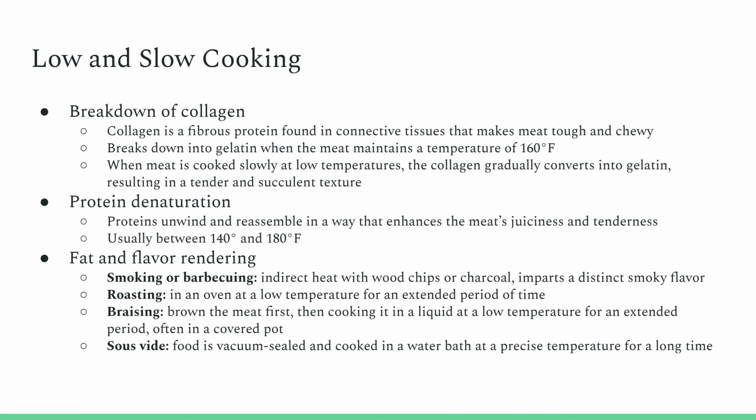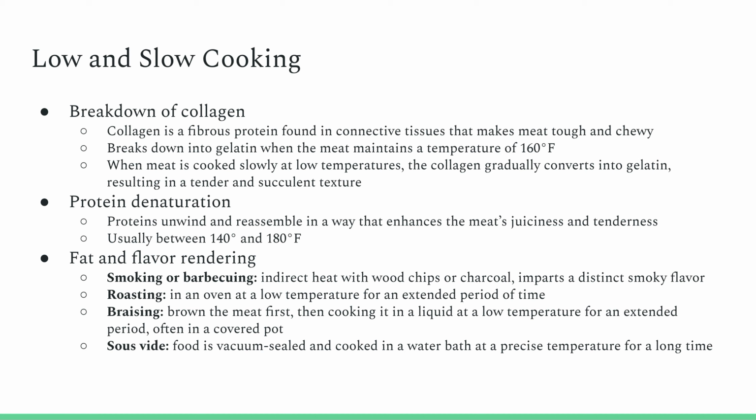This breaks down into gelatin when the meat maintains a temperature of 160 degrees Fahrenheit. And then when meat is cooked slowly at low temperatures, the collagen gradually converts into gelatin, resulting in a tender and succulent texture. So I'm thinking like pot roast or like a braised chicken that's falling off the bone. Sounds so good. I'm so hungry.